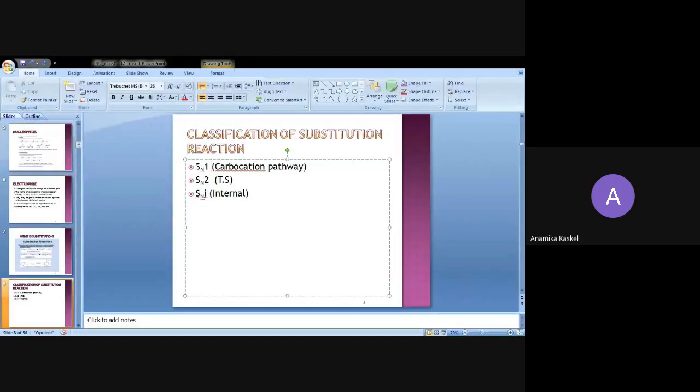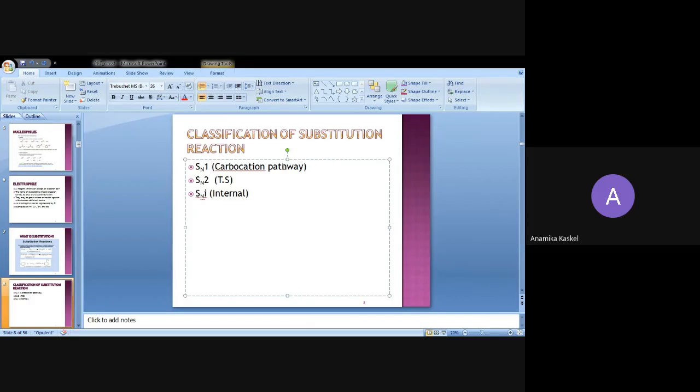Capital S stands for substitution. In the subscript, we mention N, which stands for nucleophilic, and 1 stands for unimolecular. 1 stands for one molecule. This reaction is called the Sn1 reaction, and it goes through the carbocation pathway.